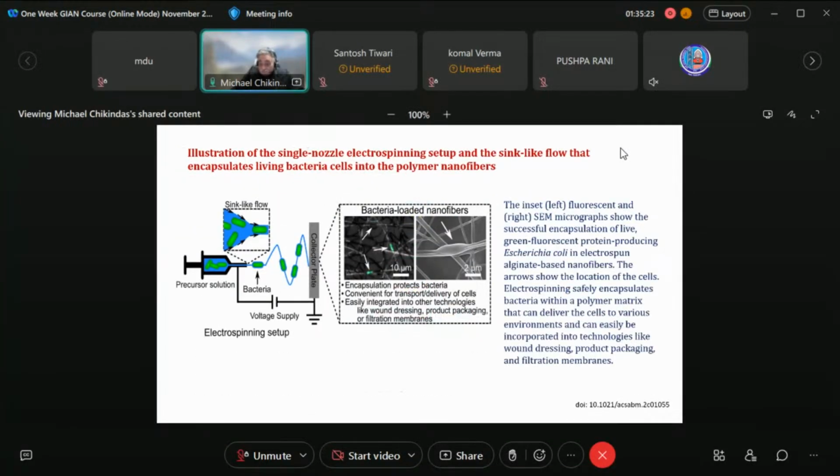So if we look at the illustration where we have the single nozzle electrospinning setup, and you think, oh, absolutely, loading microorganisms, the E. coli cells.